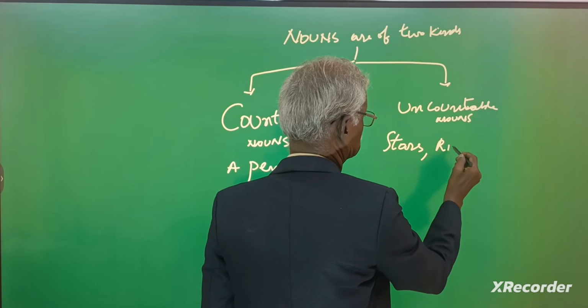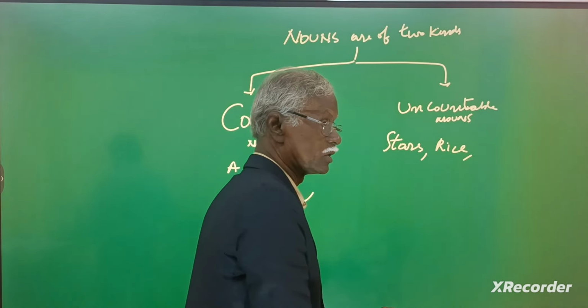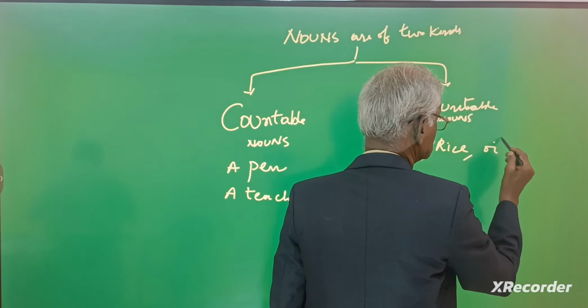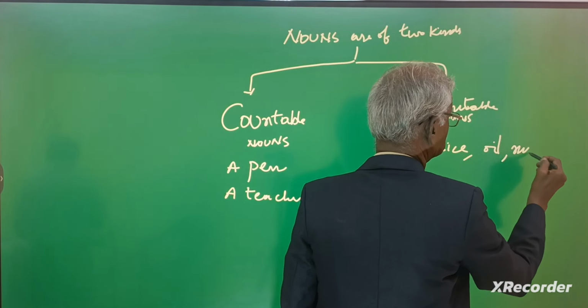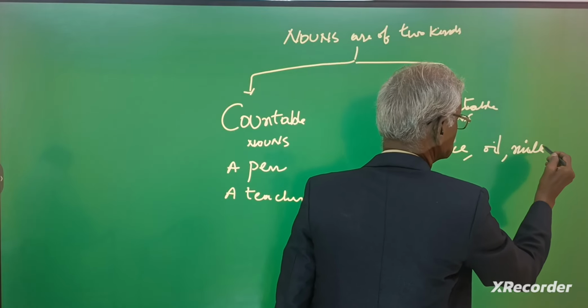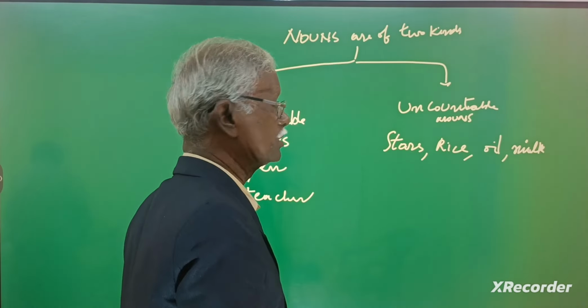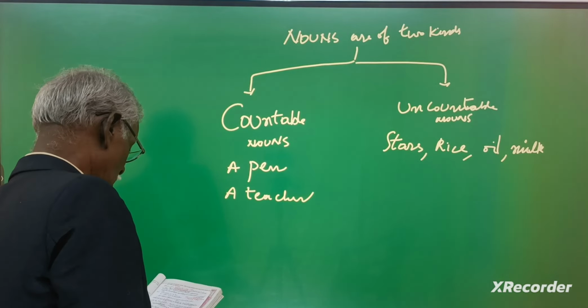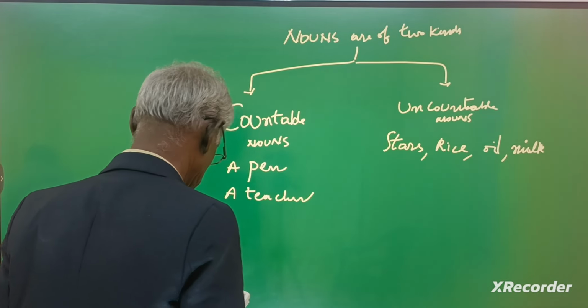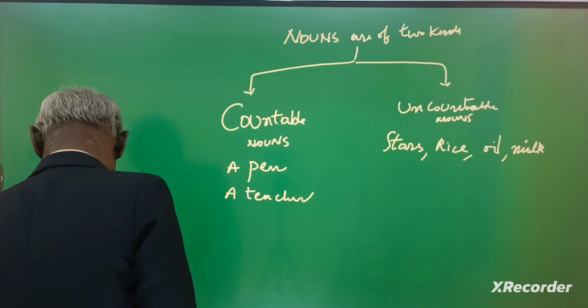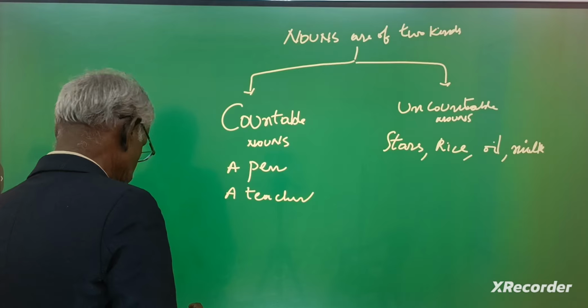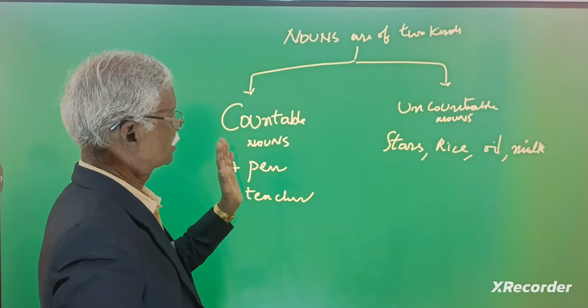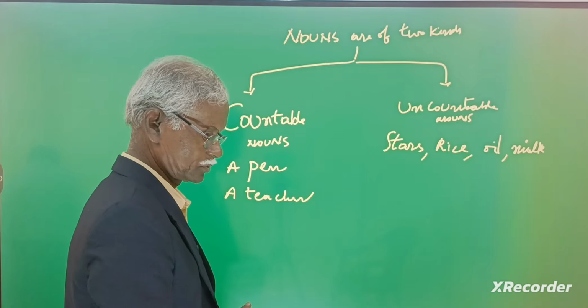Next, rice, oil. Next, milk. So all these things are uncountable nouns. So these are countable and uncountable nouns.